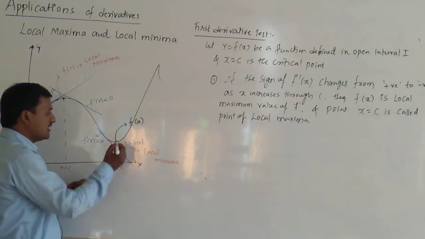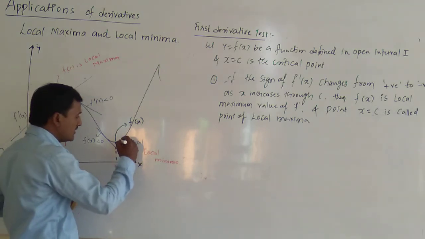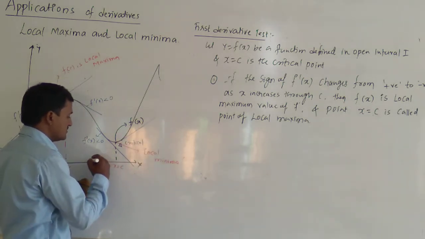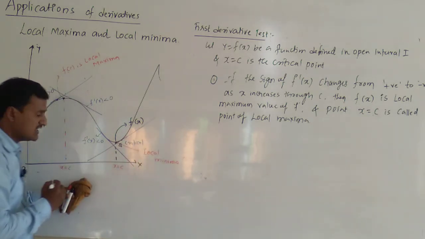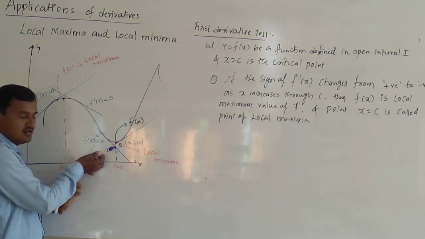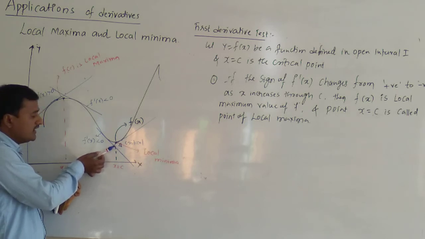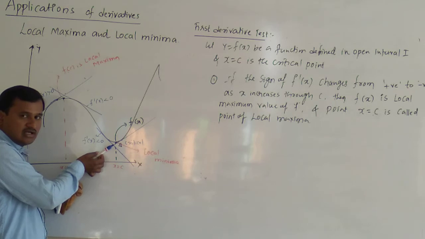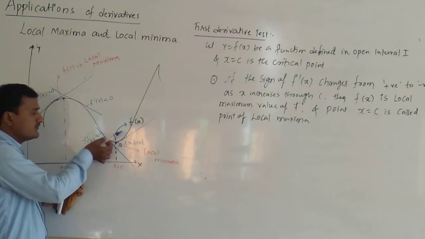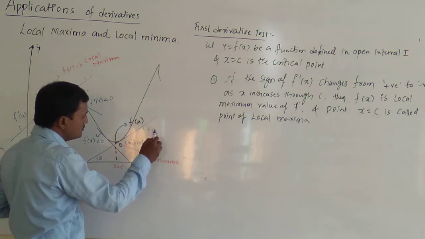Now I will take one more tangent at this point. So this is the tangent. Again this tangent makes an angle theta with the positive direction of x-axis, and this angle is an acute angle. If it is an acute angle, clearly it lies in the first quadrant. In the first quadrant, tan theta is positive.